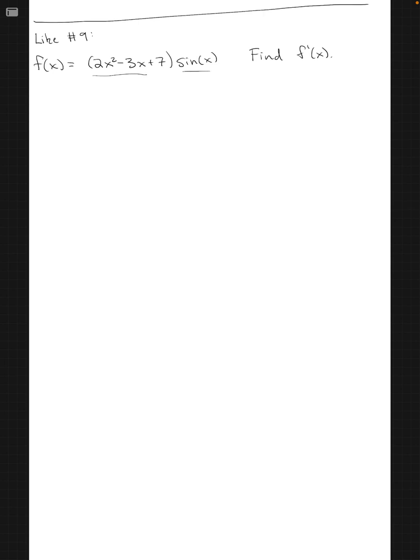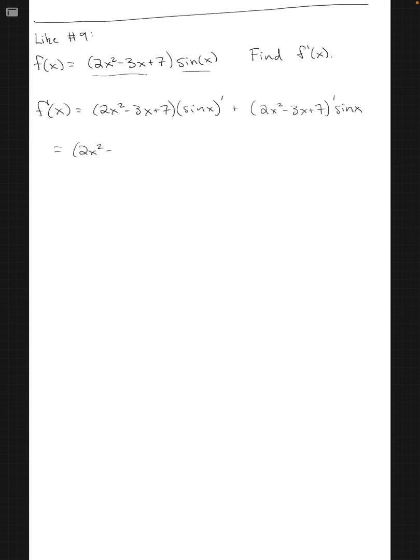So this is a product rule. f prime of x is going to be the first times the derivative of the second, plus the derivative of the first times the second.